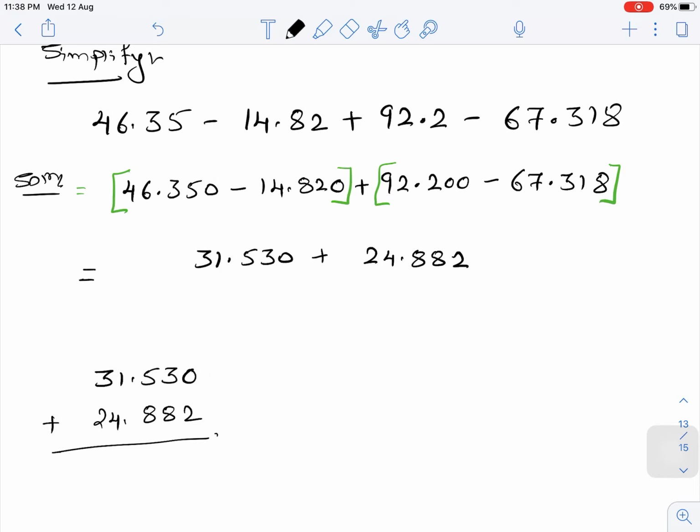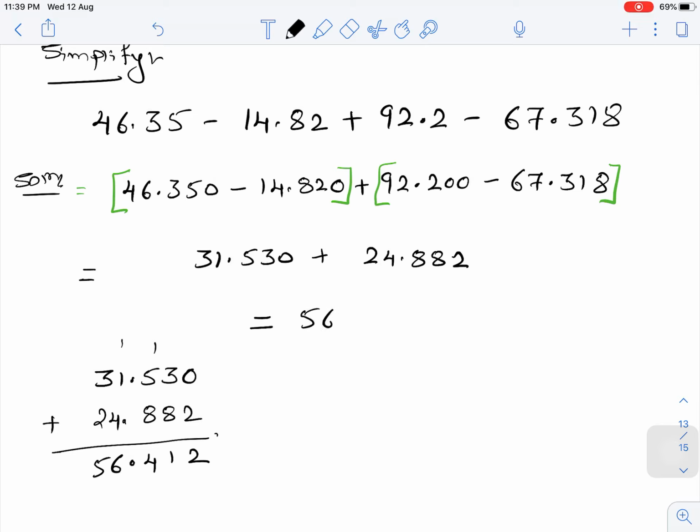Okay, so now 0 plus 2, that is 2, then 8 plus 3, so it is 11, 1 will carry forward, then 1 plus 5 is 6, 6 plus 8 is 14. So 1 here, 4 here, then decimal below decimal. Next 1 plus 1 is 2, 2 plus 4 will be 6, and 3 plus 2 is 5.